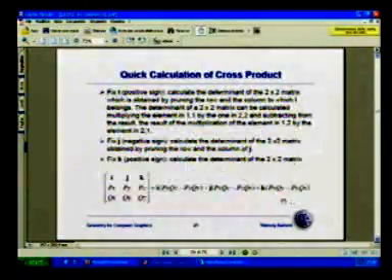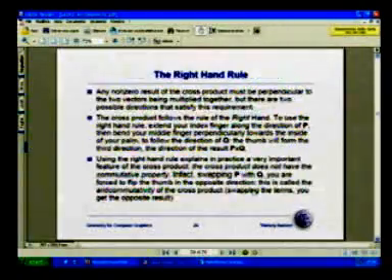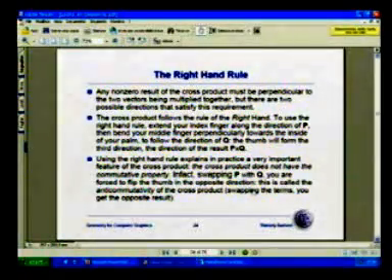Now you have another problem. These are the components, the numbers you have to put. But what is the direction resulting from this vector product? To know the direction, you have to use the right-hand rule. What is the right-hand rule? You use your right hand.